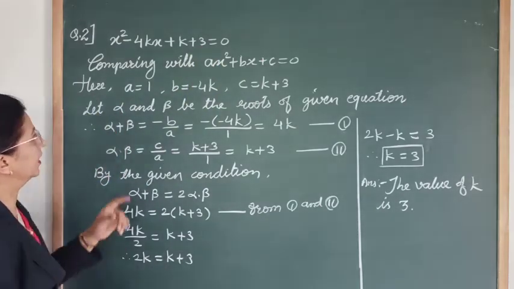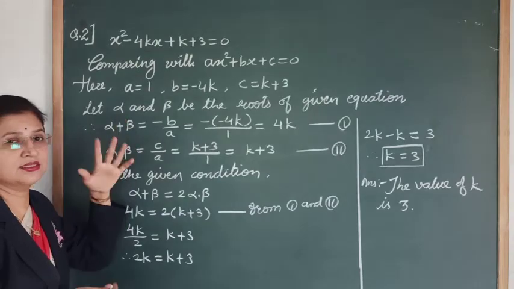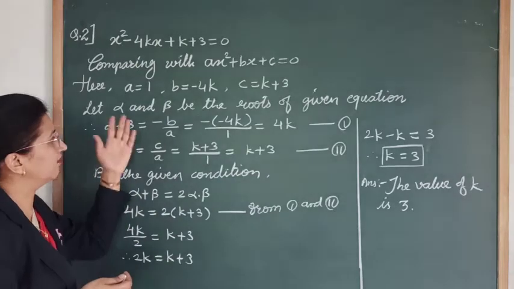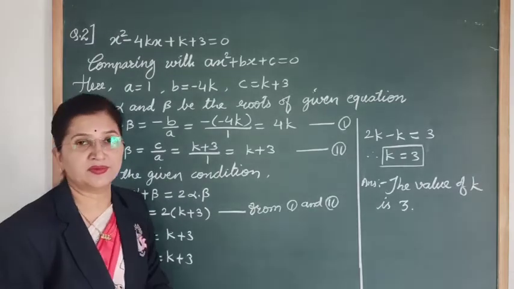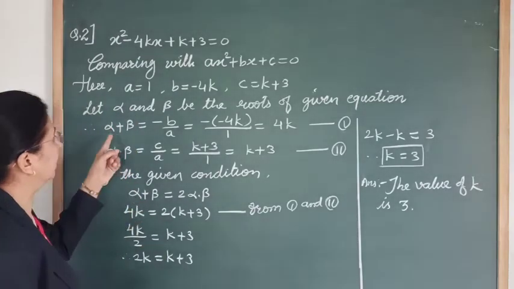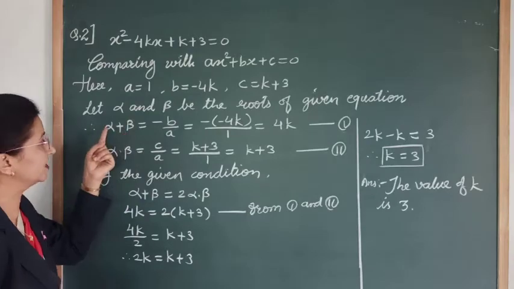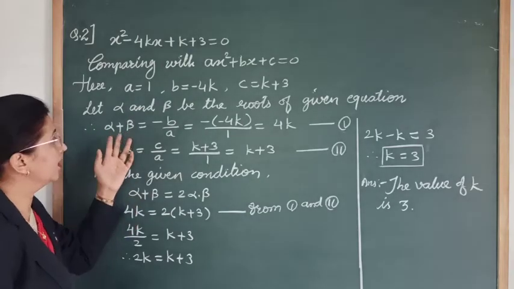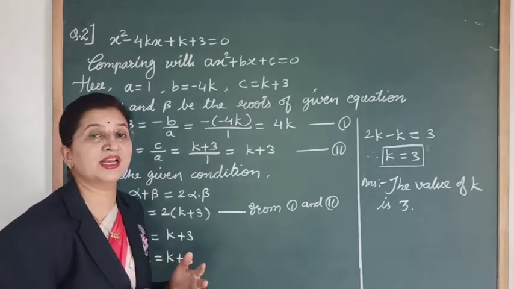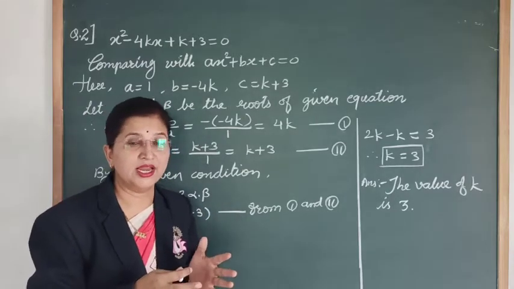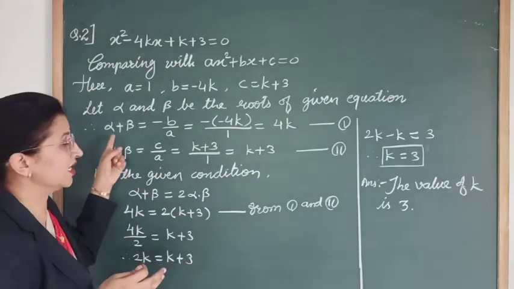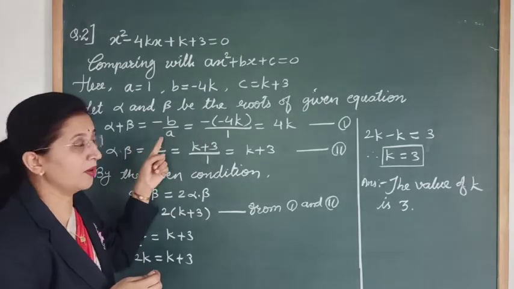Now let's consider the roots as alpha and beta, the roots of the given quadratic equation. Let's find the sum of these roots, alpha plus beta. Students will learn the relation between the roots of the quadratic equation and the coefficients. In that we learn that the sum of the roots is negative b upon a.